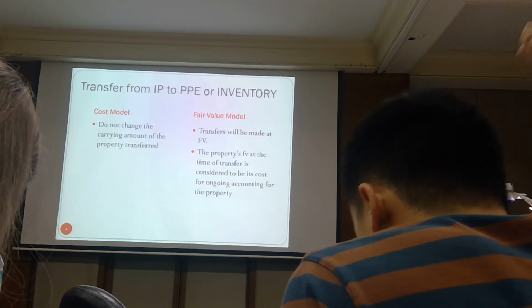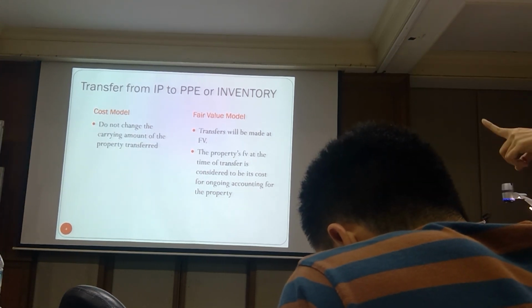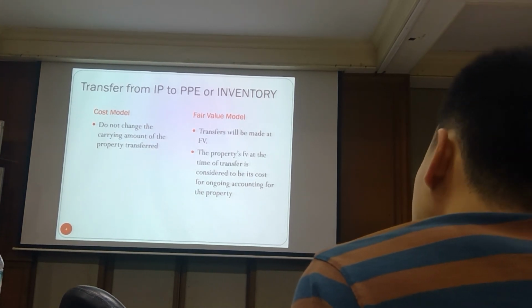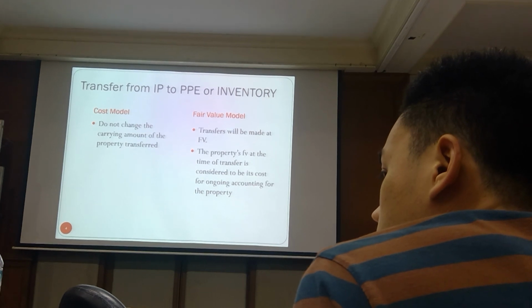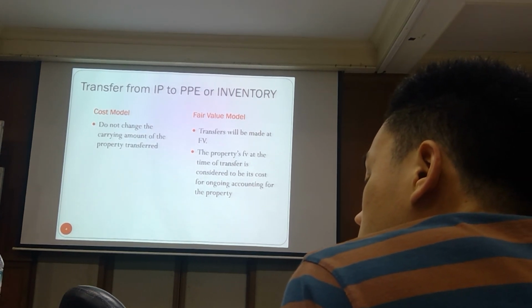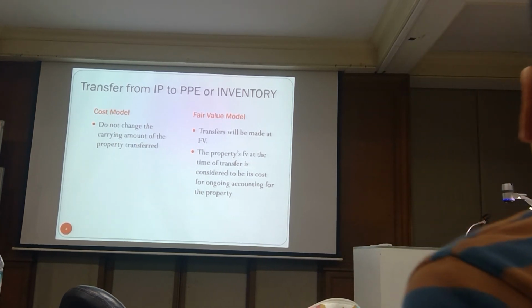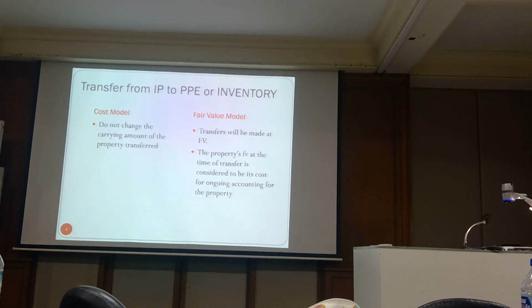Same thing here. When you want to transfer from one category to another, we also transfer at fair value. To avoid your brain being dead because of accounting, I try to catch the concept for you: when you transfer across categories, you transfer at fair value.